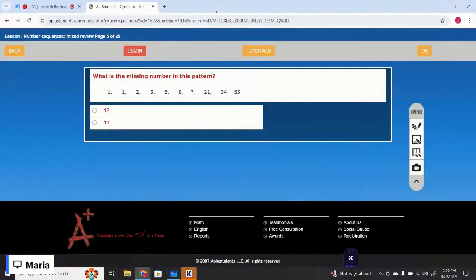So 8 plus 4 is 12. 8 plus 4 is 12. So option number 1 is the correct one.